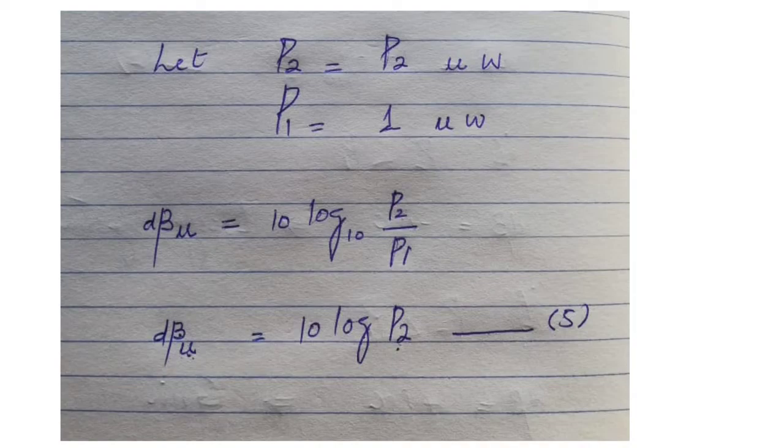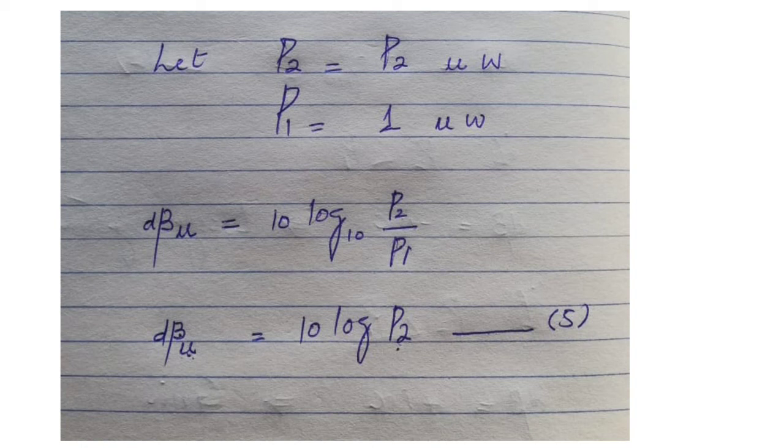Now we consider another case. Let's say the output power is in microwatt. Let P2 be P2 microwatt. And we want to calculate the dB value of this power with respect to 1 microwatt, or with reference to 1 microwatt.